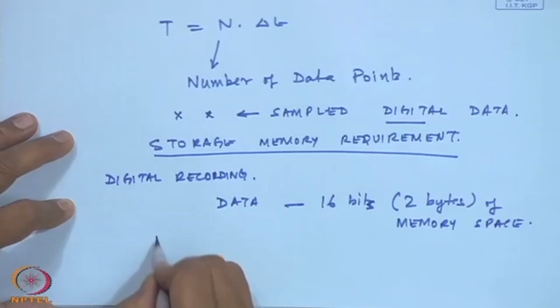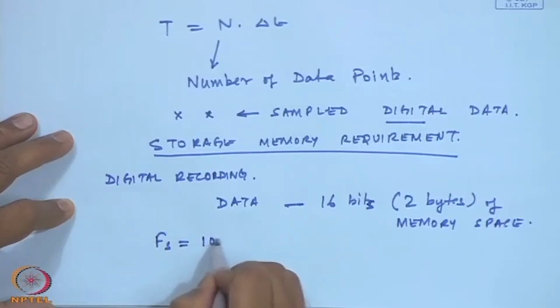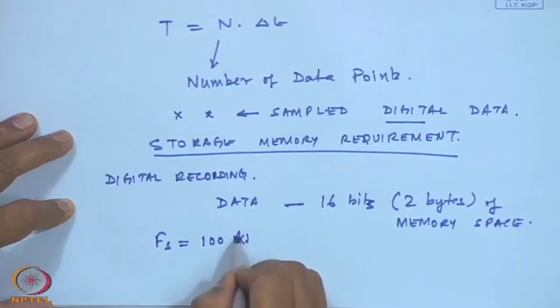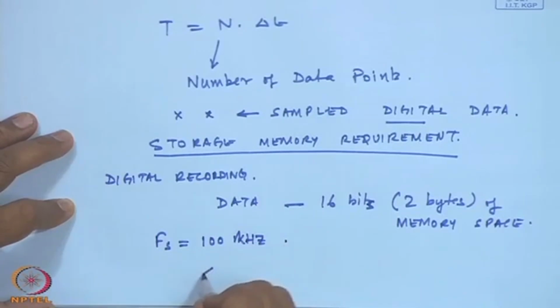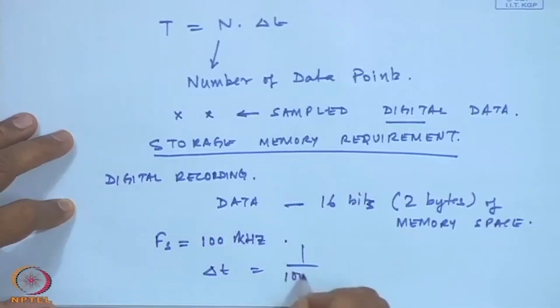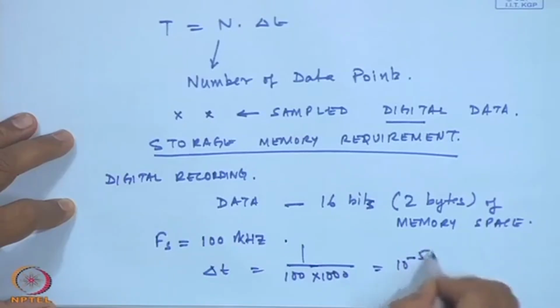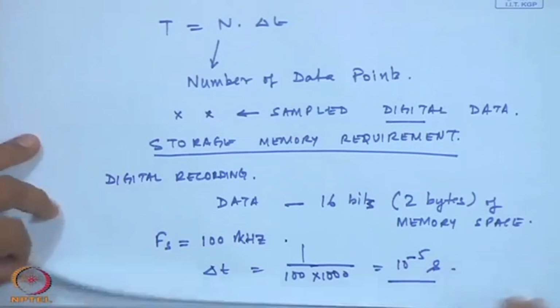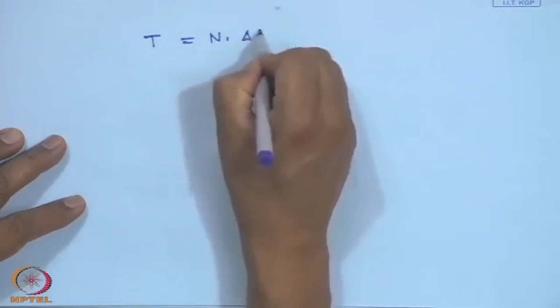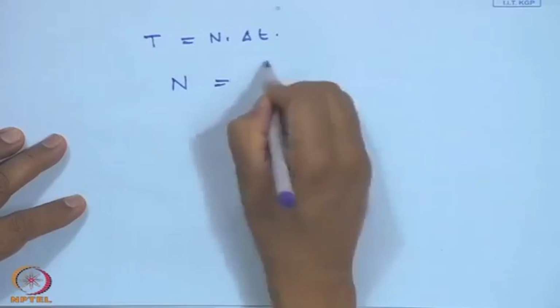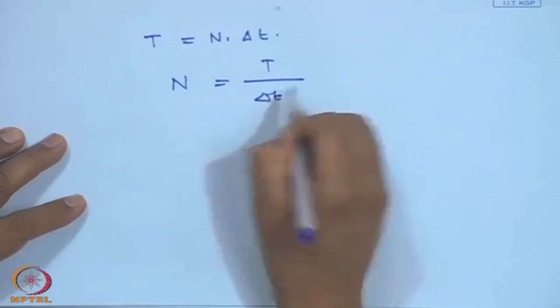Suppose I am sampling at Fs equal to 100 kilohertz. That means delta t is equal to 1 by 100 kilohertz, so 10 to the power minus 5 seconds is my sampling interval. The total time is N times delta t, so N is equal to the total time divided by delta t.